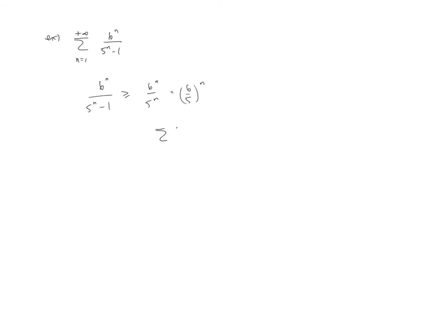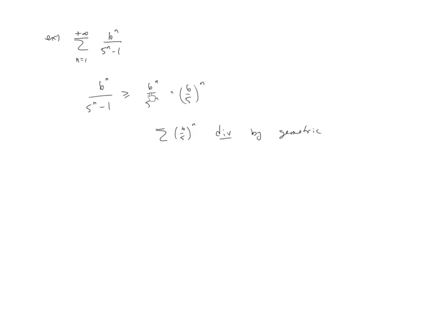So if I look at this geometric series, I know that this diverges by geometric, because the absolute value of the ratio isn't less than 1. Therefore, we're going to come back and look at this closely. We know that the smaller one is going to diverge.